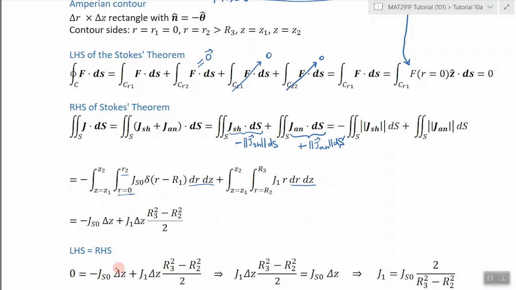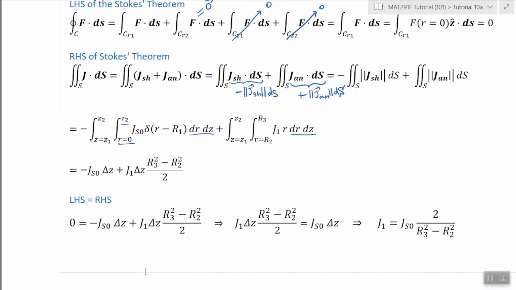That's why I have this equality. And remember, we're solving for J1, so then I shifted this guy to the left-hand side, and I swapped left-hand side and right-hand side. Then I solved for J1 by canceling this, multiplying by 2, and dividing by this. So you see the answer is exactly the same as before. So we've done everything correctly.